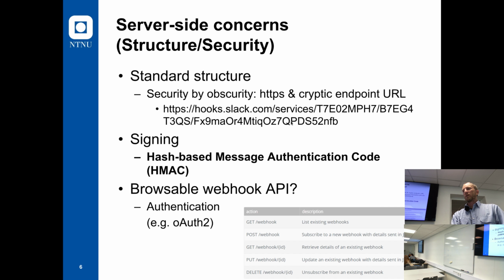Well, that obscured part is what makes your webhook safe from other people pushing fake commits, let's say, to your channel, right? Because they cannot guess this long cryptic sequence of characters. But as soon as this becomes public, then anybody can force fake events into your endpoints, right?